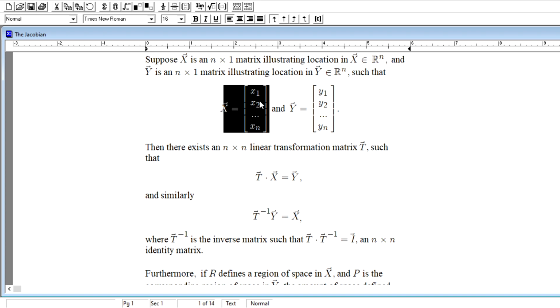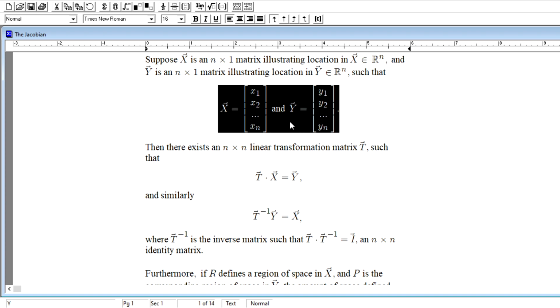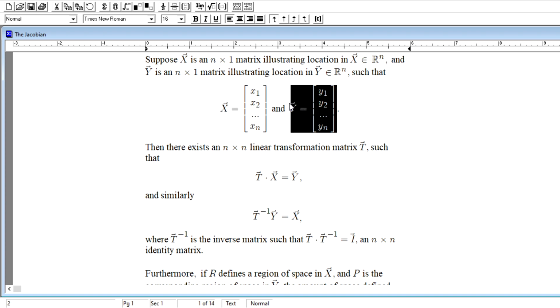In a sense, this may be how we're defining location in X and Y, but if we think about having a region of space defined here in X by points, illustrated as we see here, and we transform it into a corresponding region of space in Y, with points describing location in that space as seen here, using this n by n transformation matrix, then the area of space described here is going to be, well, I should back up, and this goes either way, but we're setting it up in this understanding.